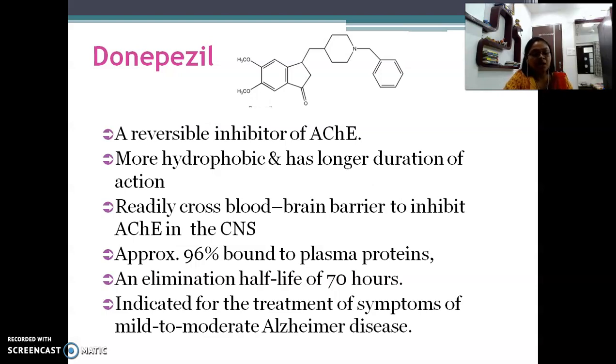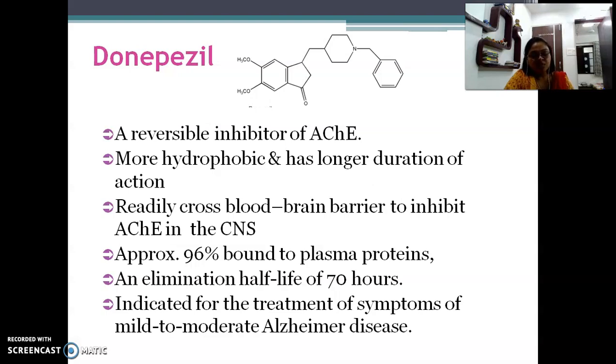It has an approximate elimination half-life of 70 hours and approximately 96% protein binding, due to which it has a longer duration of action. Along with that, due to its high hydrophobicity, it readily crosses the blood-brain barrier and reaches high concentration in the brain for inhibition of acetylcholinesterase.